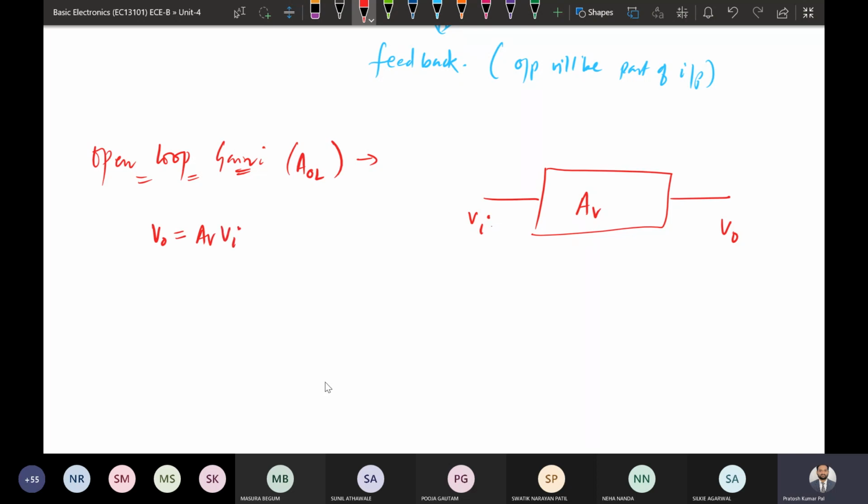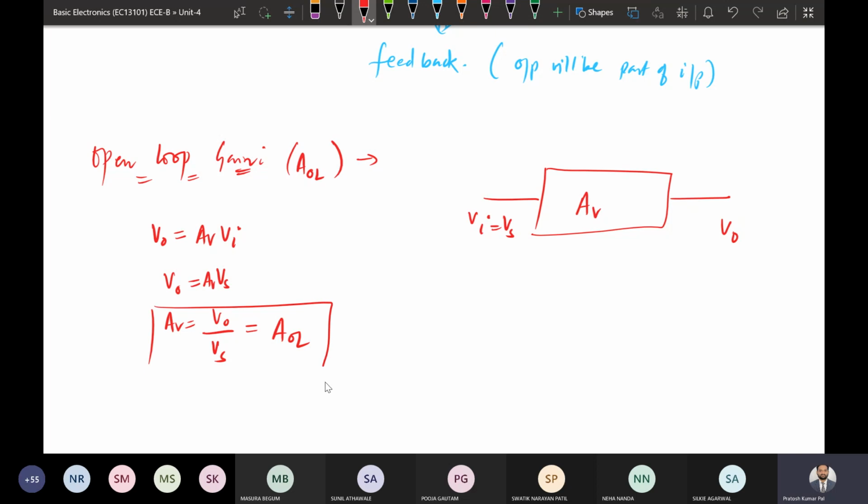Suppose the input voltage is Vs. So V output will be equal to AV multiplied by Vs, or AV will be equal to V output divided by Vs. This is without any feedback or loop, so it will be AV. This AV is nothing but AOL, that is the open loop gain.